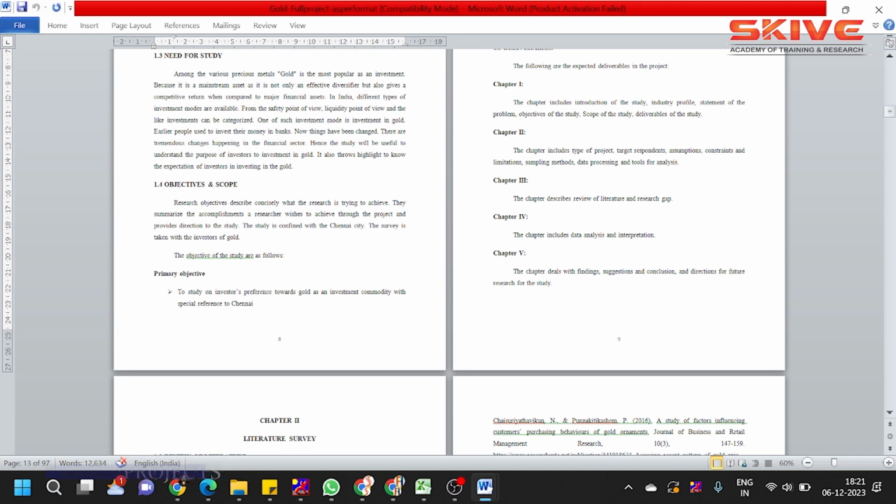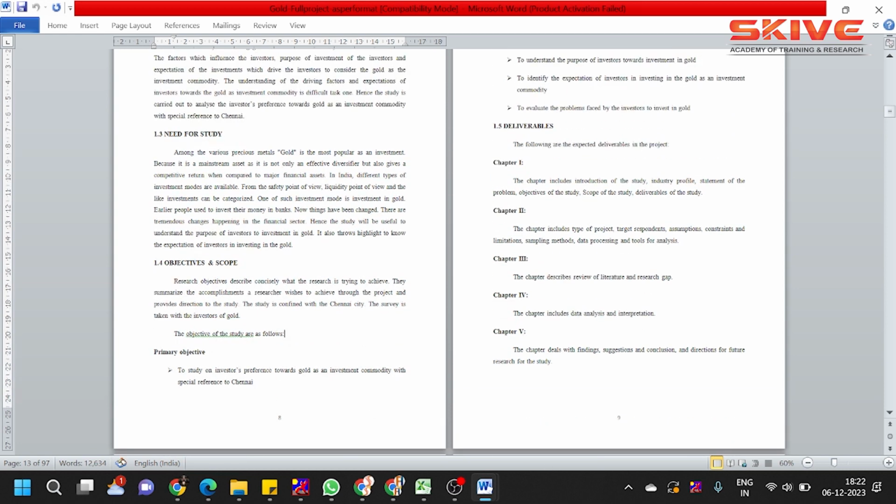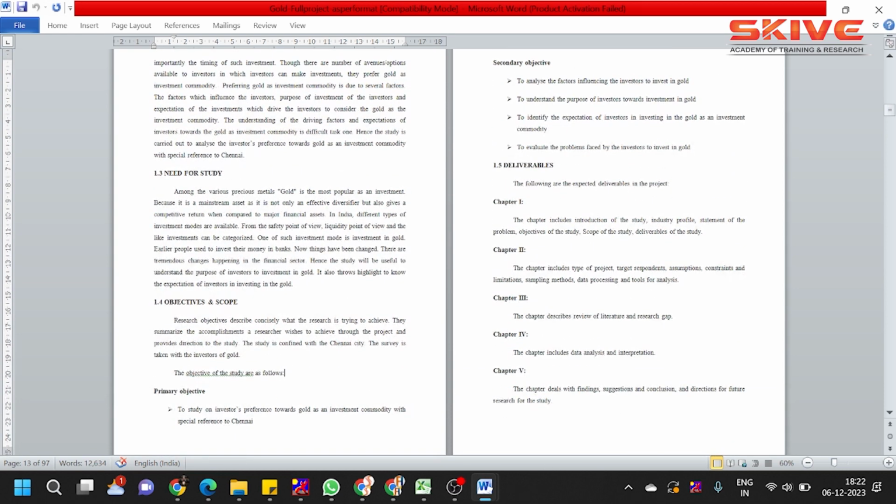Here the primary objective, as we already discussed, is to study investor preference towards gold as an investment commodity with special reference to Chennai. The secondary objectives are to analyze the factors influencing investors to invest in gold, the purpose of investors in investing in gold, and the expectations of investors in investing in gold as an investment commodity.